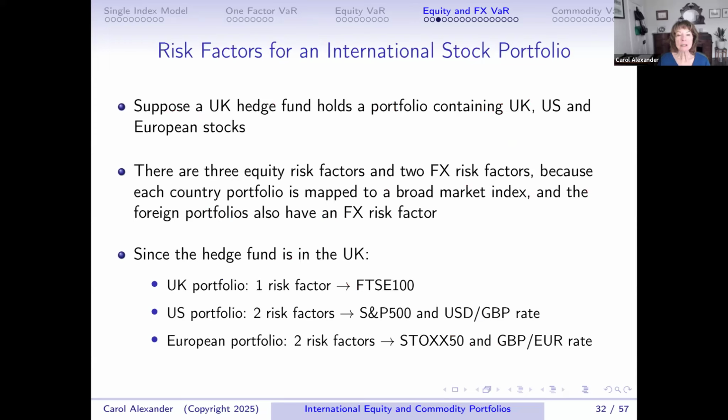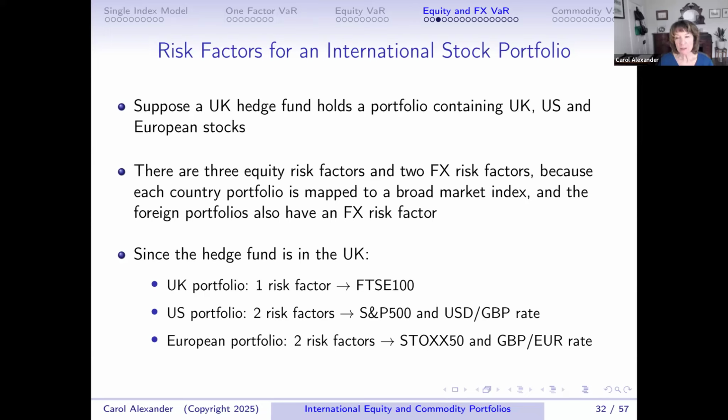And we're going to be looking at the risk factors specifically for an international stock portfolio. And we're considering a hedge fund in the UK, and the portfolio contains not just UK stocks, but also US and European stocks. So there's going to be 3 equity risk factors and 2 foreign exchange risk factors.